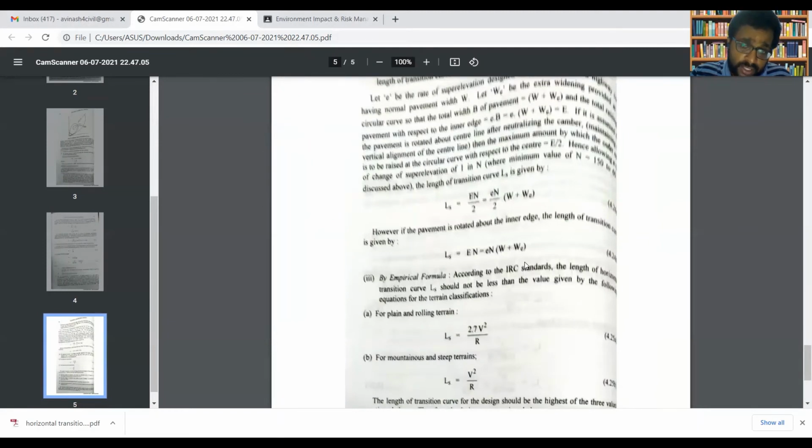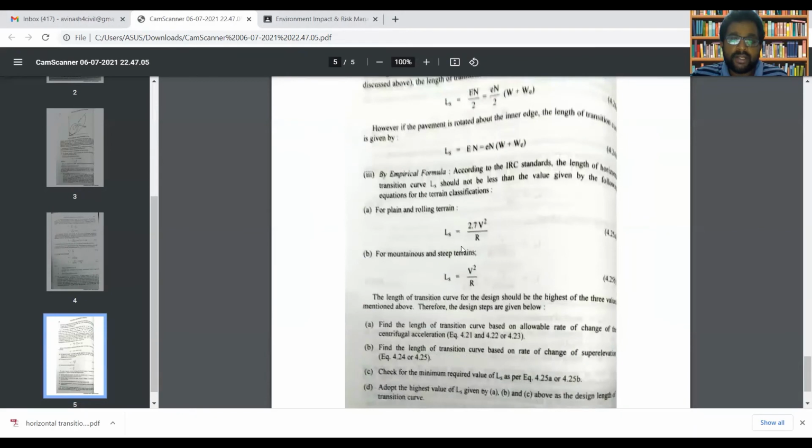Depending on the type of terrain, there are different empirical formulas for the length of transition curve. According to the IRC standard, the length of horizontal transition curve should not be less than the value given by the following equation for terrain classification. So you can use these equations and make sure that whatever length of transition curve you introduce is not less than the value obtained by this empirical relationship.